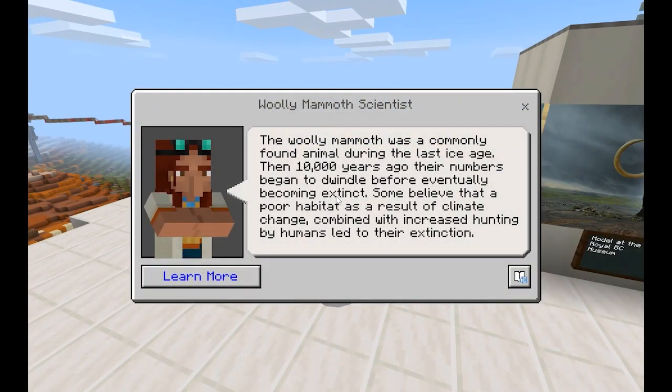The woolly mammoth was a commonly found animal during the last ice age. Then, 10,000 years ago, their numbers began to dwindle before eventually becoming extinct. Some believe that a poor habitat as a result of climate change combined with increased hunting by humans led to their extinction. So here's another one where it was hunting and their habitat or their ecosystem changing.